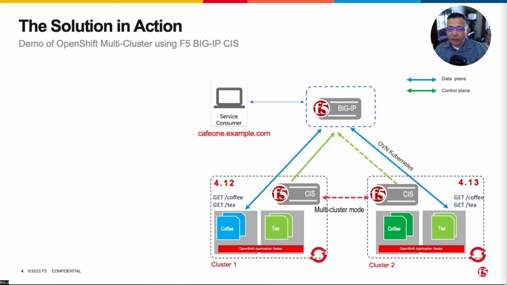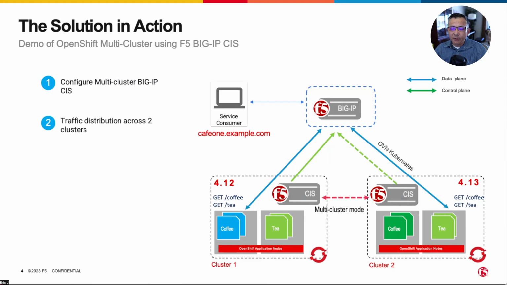Now, let's take a look at how we can put this into action. In this demo, I will demonstrate how to use F5 BIG-IP CIS in a multi-cluster OpenShift environment. We will start with configuring the multi-cluster BIG-IP CIS. Then we will distribute the traffic across two clusters.